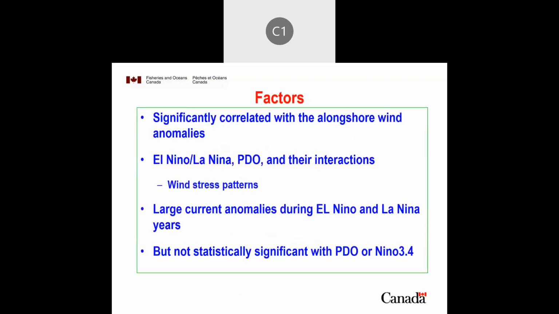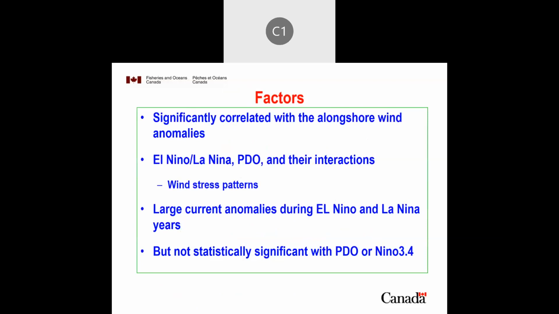So now we can take a brief look at the results and summarize the relationship between the altimeter currents, the alongshore wind anomalies, and PDO and El Nino. We found the altimeter current anomalies are significantly correlated with alongshore wind anomalies of Vancouver Island and of Oregon state.